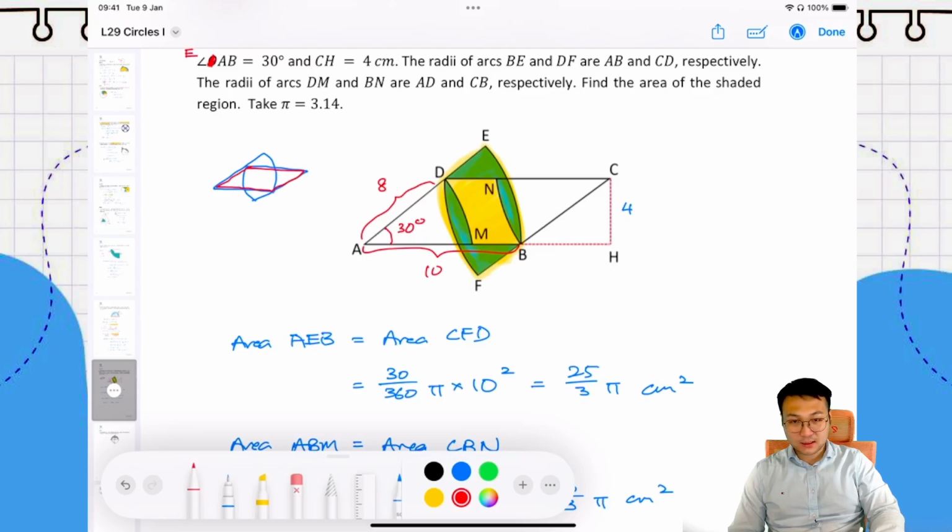Can you see it? You add the two pizzas, you minus the parallelogram, you get the area of BEDF.